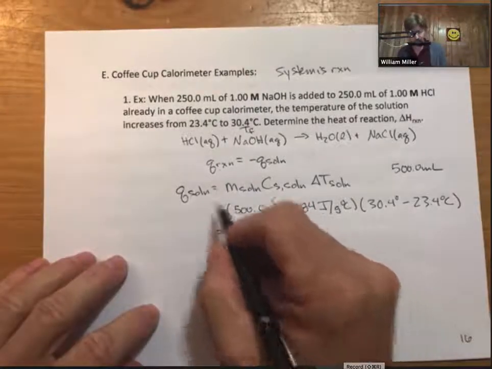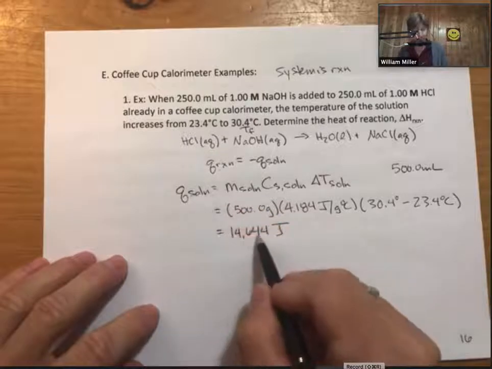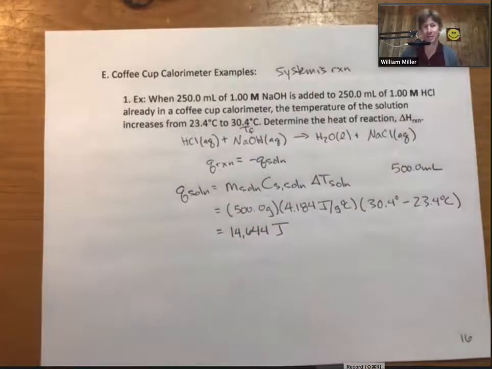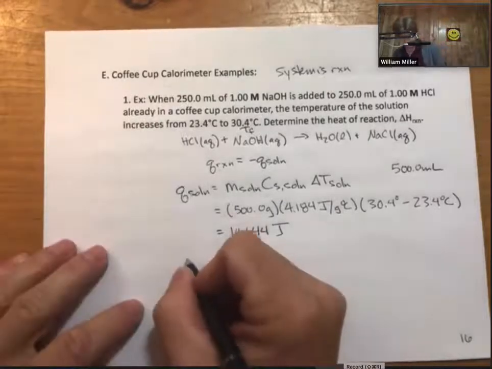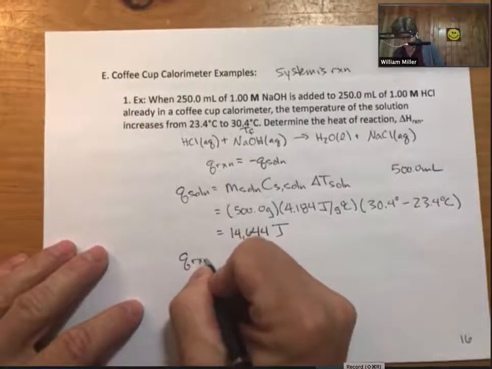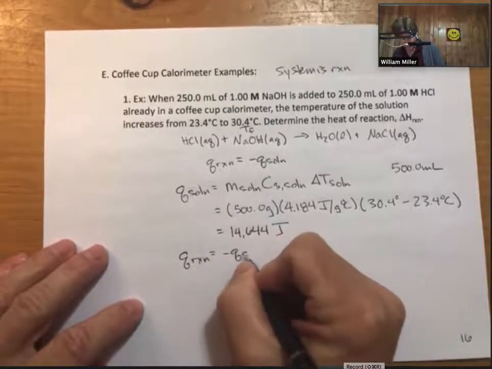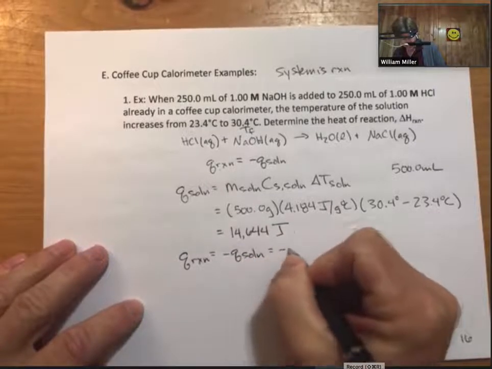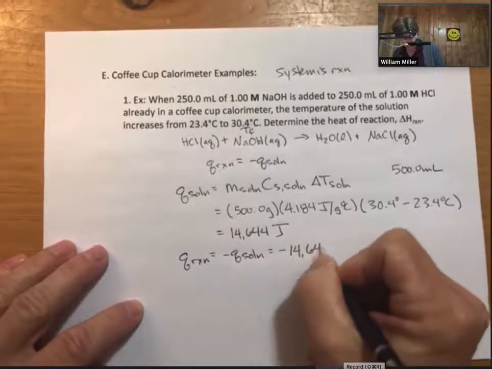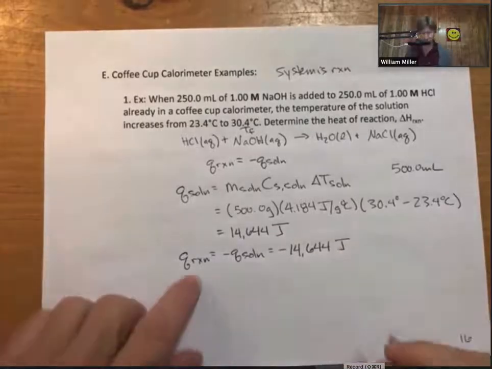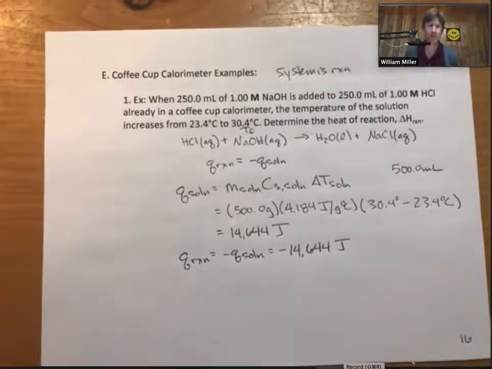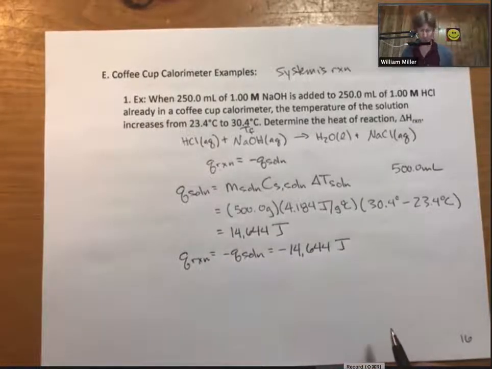All right. Now, that is a positive amount of energy. That means that the solution is taking in energy. The reaction is giving off energy. So Q reaction is minus 14,644 joules.